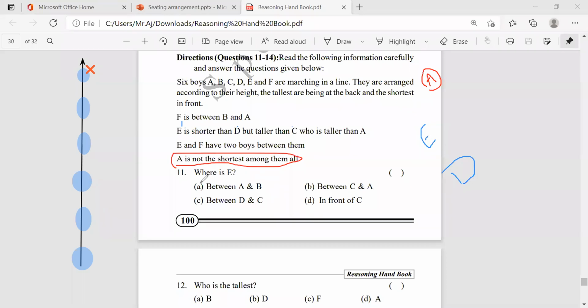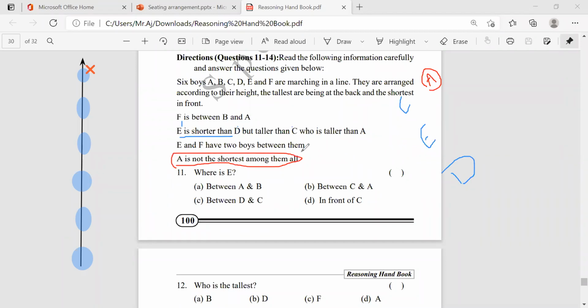They will stand according to their heights. So with this statement, E is shorter than D, so definitely E will be in front of D, but taller than C. Taller than C, that means E is taller compared to C. That means C will be in front of E.